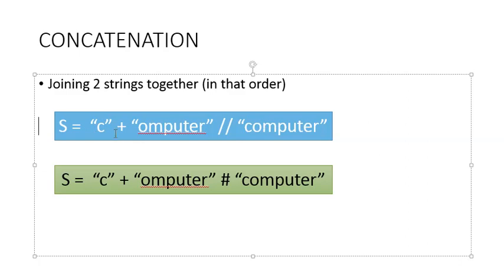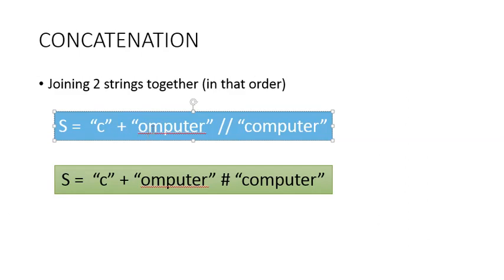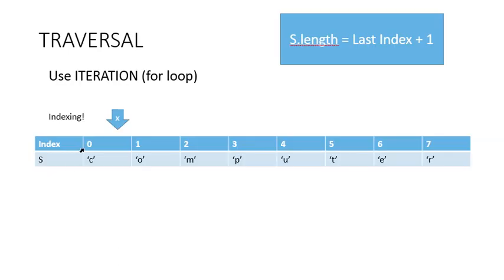So if I go s equals "C" plus "omputer", it will join the C onto the front of omputer to give me the word computer. The only difference between these two statements is that the blue one is pseudocode, and I'm using obviously therefore the double slash for the comment, whereas in Python I'll use a hash for the comment. Apart from that, everything else is identical.